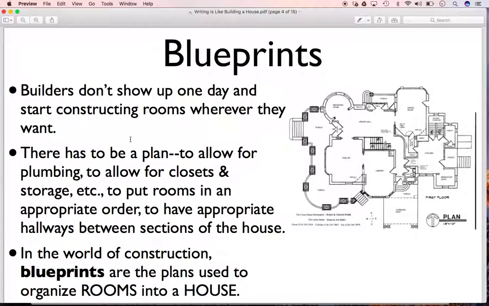I want to make a couple of analogies between building a house and the way that a text is built or structured. So I'm just going to read these bullet points, give you some commentary here and there. It's very important that you read along with me. Blueprints. All right, builders don't show up one day and start constructing rooms wherever they want.